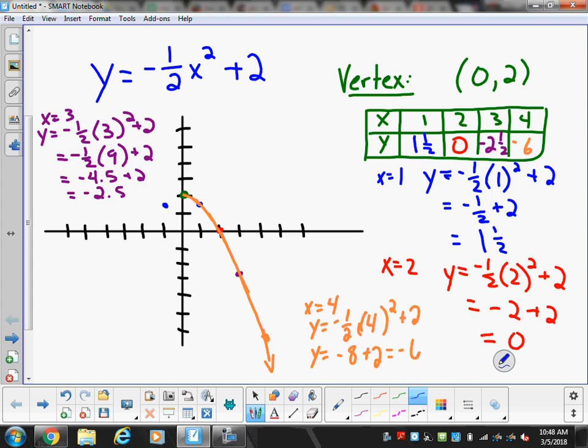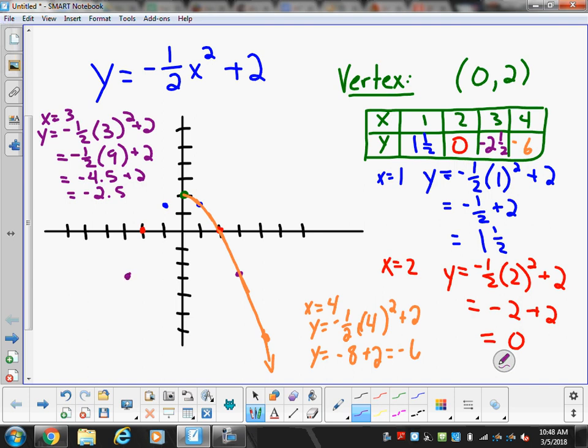Now, that's not always going to be the case. But when the vertex is on the y-axis, it's just going to be changing the sign on the x value. So this one here, instead of at 2, 0, it's going to end up being at negative 2, 0. The purple one here was at 3, negative 2.5, so it's going to be negative 3, negative 2.5.